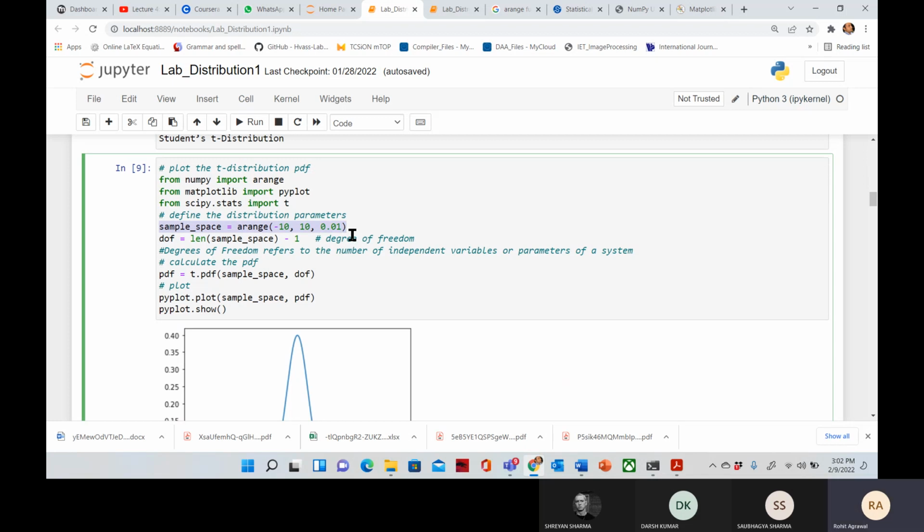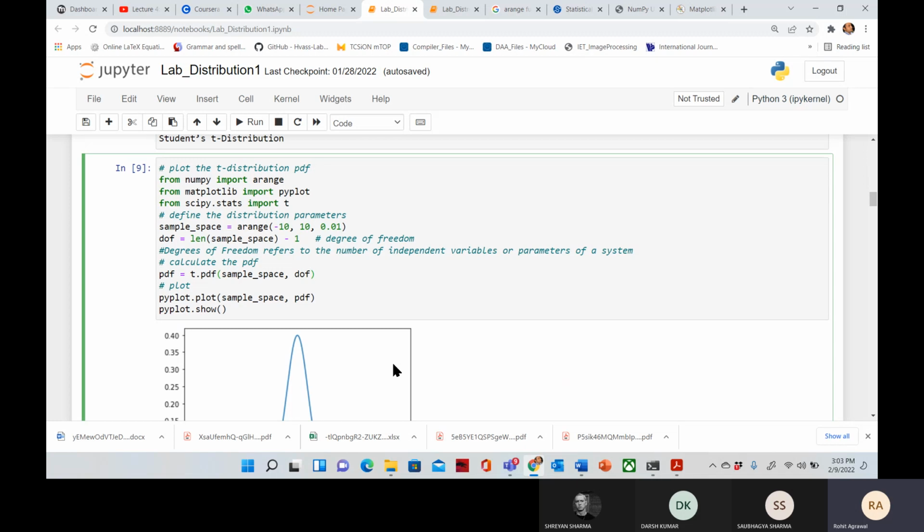Now different distributions have different parameters. The Gaussian probability density function has mean and standard deviation. The Student's t distribution has degree of freedom as a parameter. So you need not remember this.